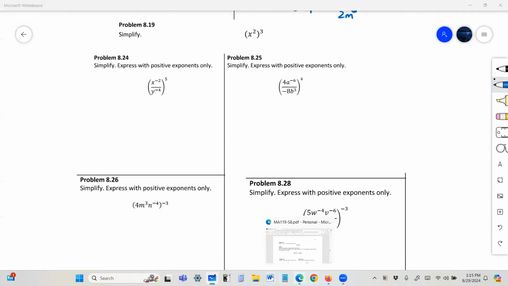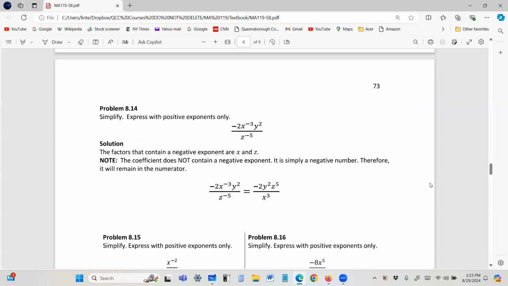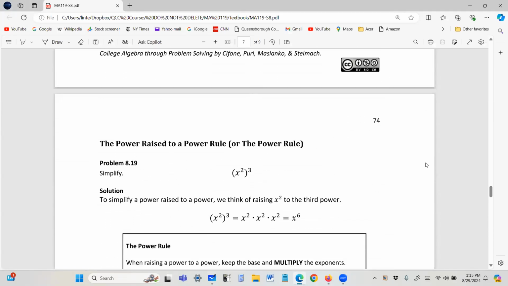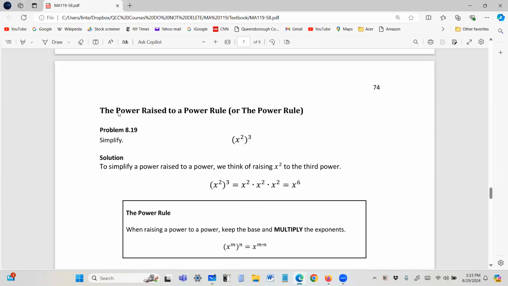Let me show you another property, which is the last property that we have here, which is when you have a power raised to another power. So this is a power of a power, or what we call exponentiation of another power.